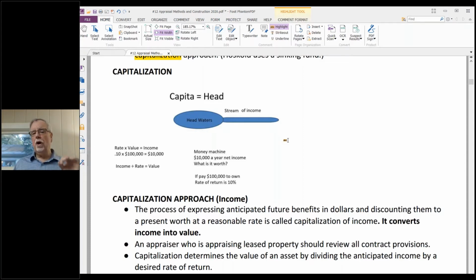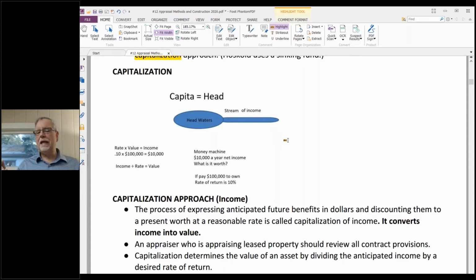So let's say there's a lake, a reservoir, and this reservoir has a stream that flows from it, and you want the water that's coming from that stream. So you've decided to buy the reservoir, the lake, the headwaters, as it were, for this stream. Now, how much would you pay to own that lake or reservoir?